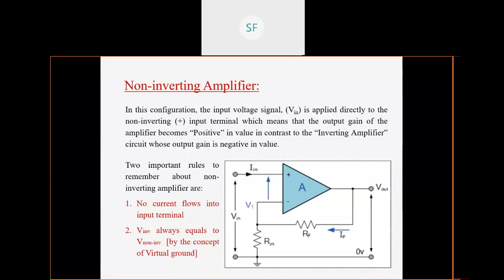So what are the differences between inverting and non-inverting? Input V in is connected to the inverting terminal in the case of the inverting amplifier, and in the case of the non-inverting amplifier, the input is connected to the non-inverting terminal.